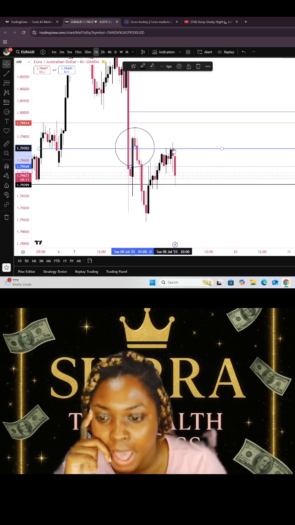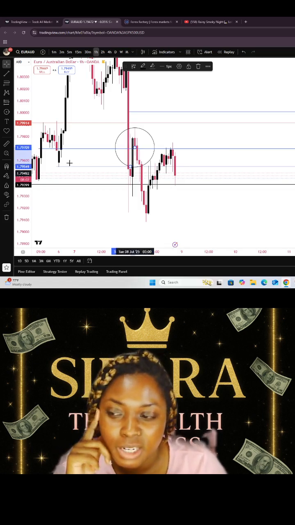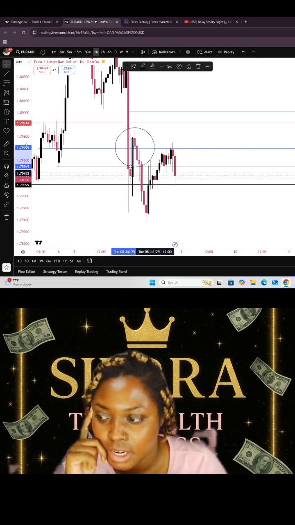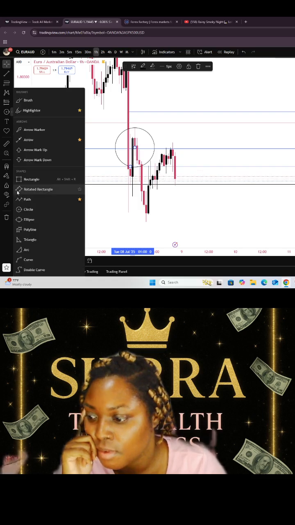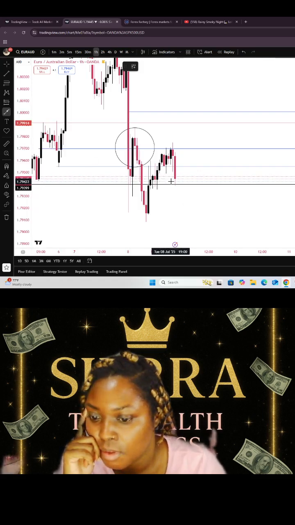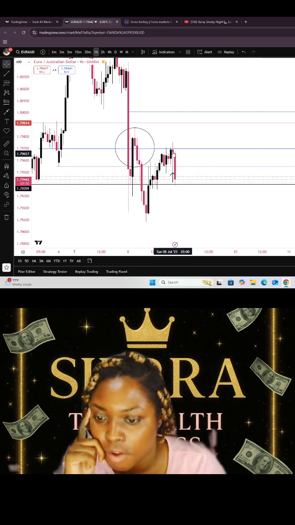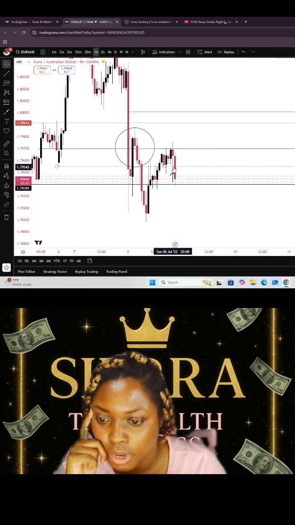Price came back. This is my fourth confluence. It came back and touched this zone again. Not only did it touch it, it created a bearish engulfing candle. This red candle here engulfed this previous candle.